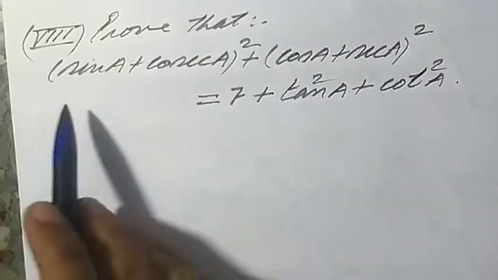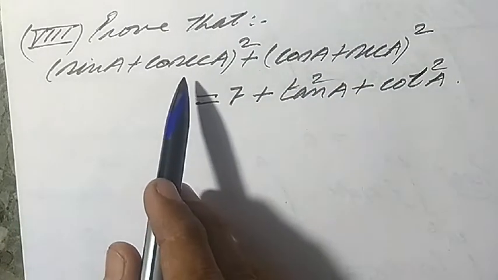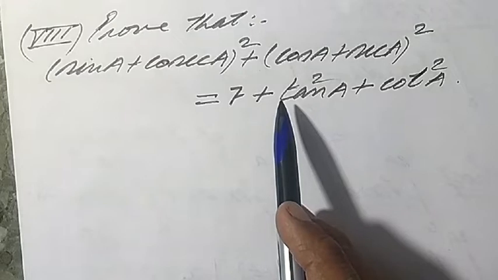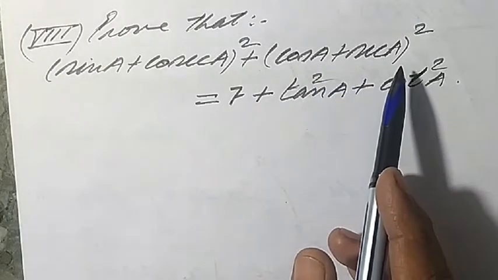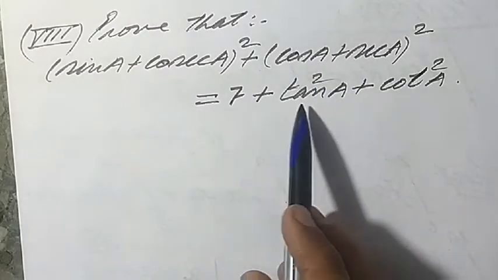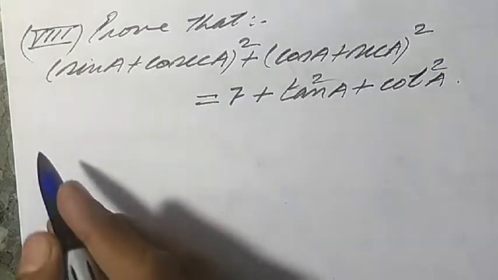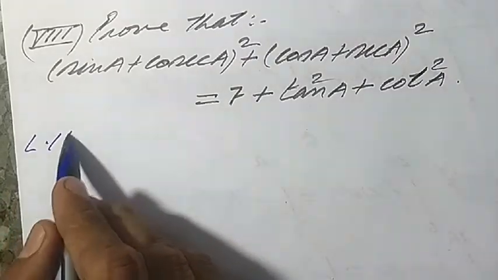The next sum is prove that sine A plus cosec A whole square plus bracket cos A plus sec A whole square is equal to 7 plus tan square A plus cot square A. So let us take left hand side.